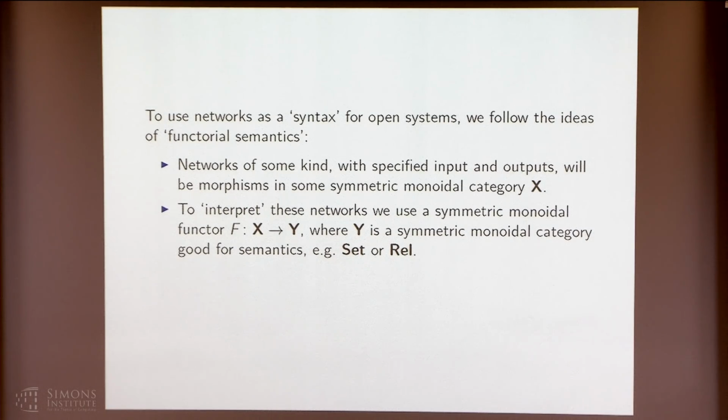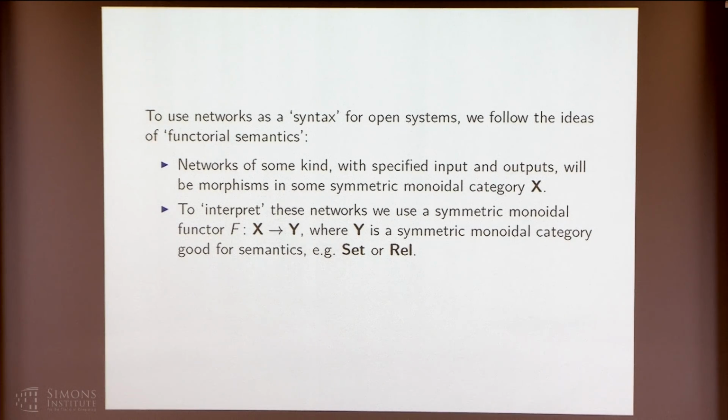out their meaning. So Lawvere, I guess in 1963, came up with this idea of functorial semantics, and in this context, what it amounts to is that you think of networks of some particular type, like electrical circuit diagrams or whatever, as morphisms in some particular symmetric monoidal category, say X, and that will be your syntax.